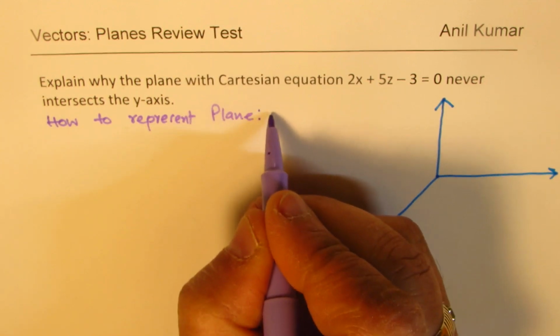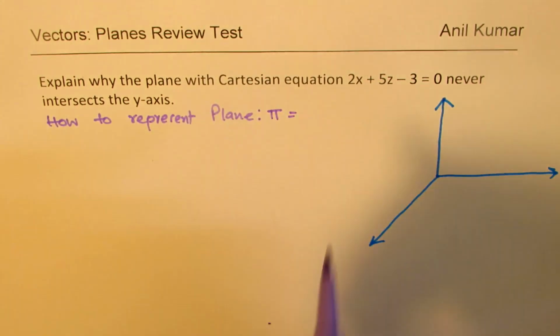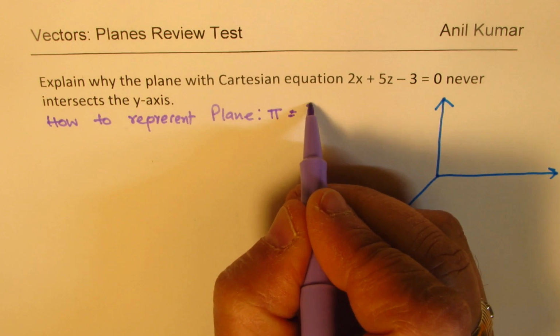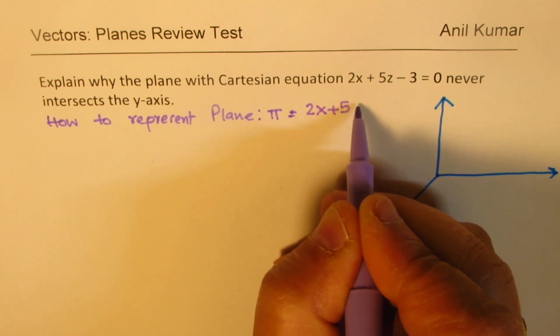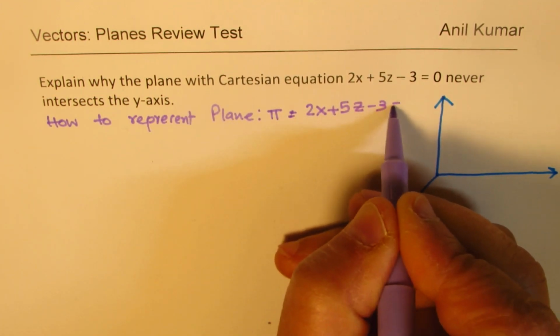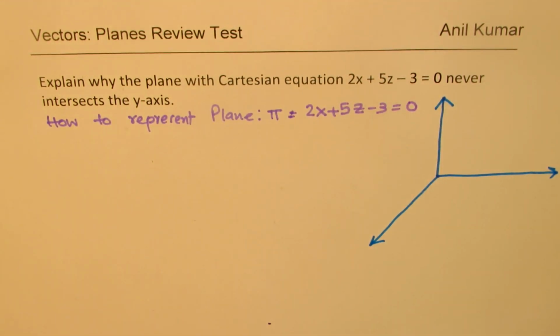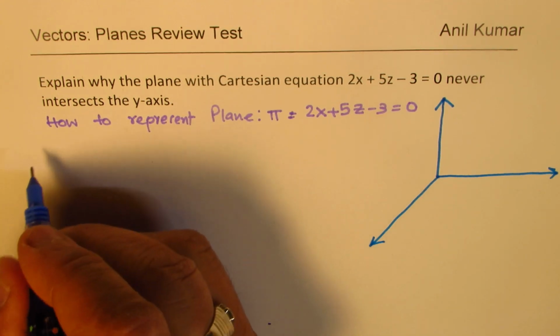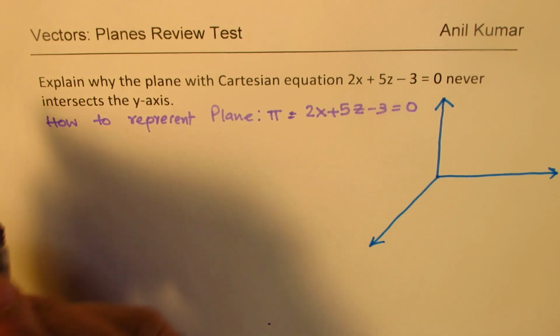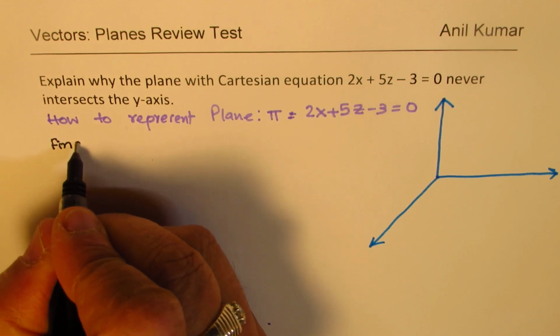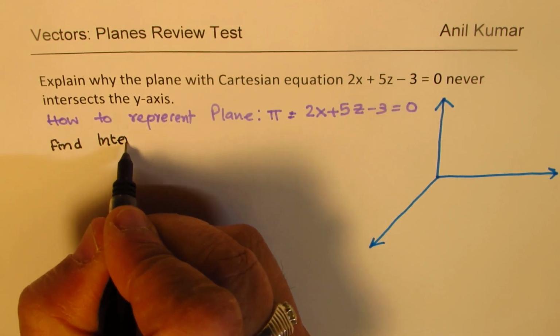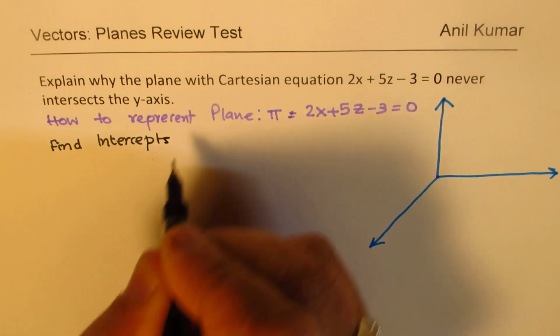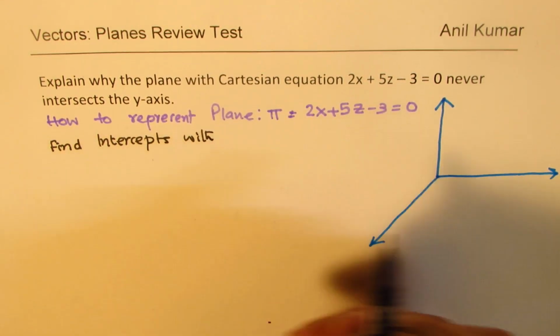So we are given this plane, let's call this pi, which is given to us as 2x plus 5z minus 3 equals 0. Now, whenever you're given a plane, there are different ways of sketching it, but in this form, the best method is to find intercepts with the axes.